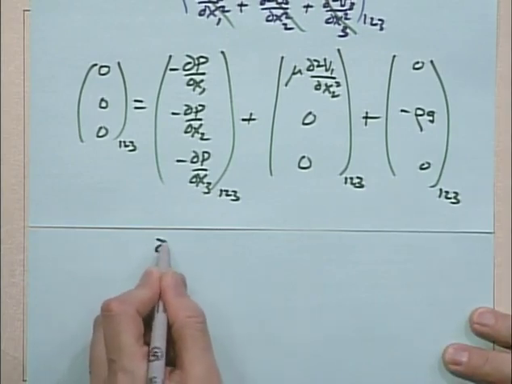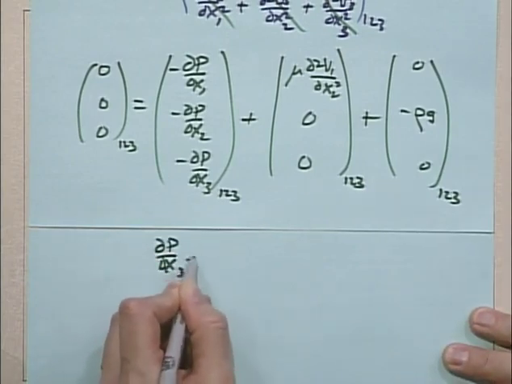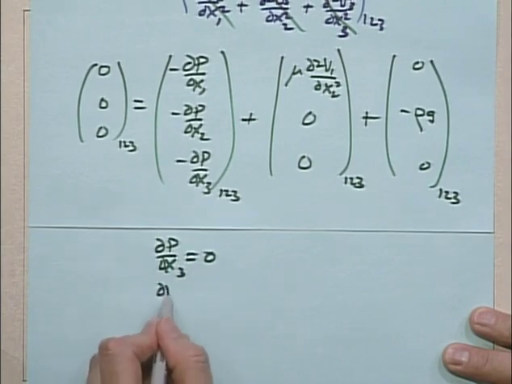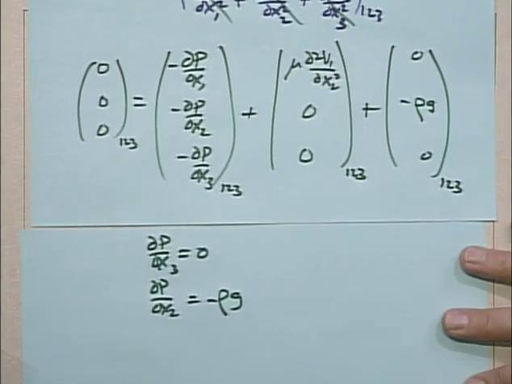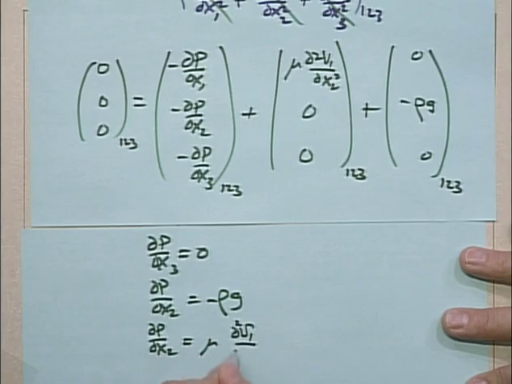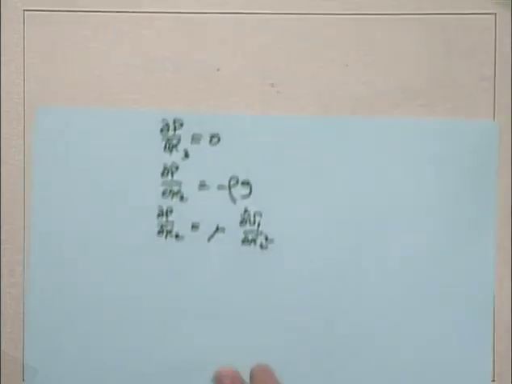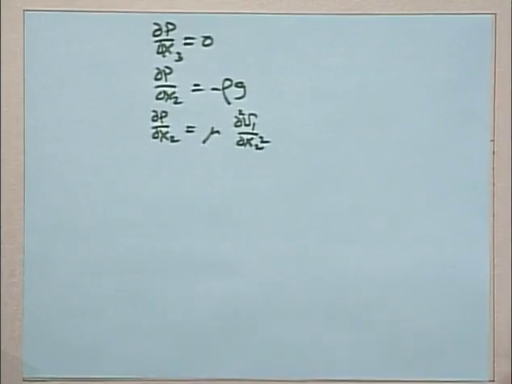So we get dp/dx3 equals 0, dp/dx2 equals minus rho g, and dp/dx1 equals mu d²v1/dx2².